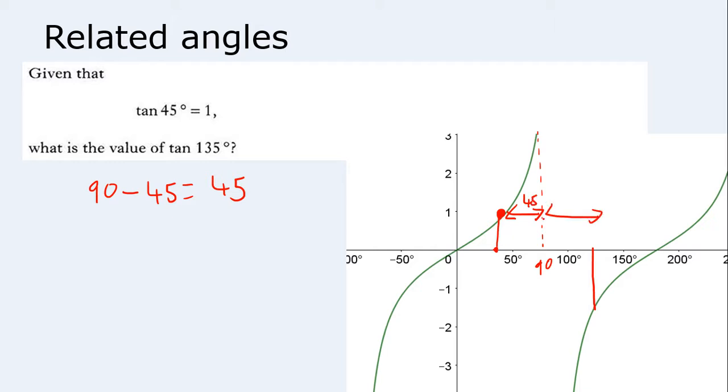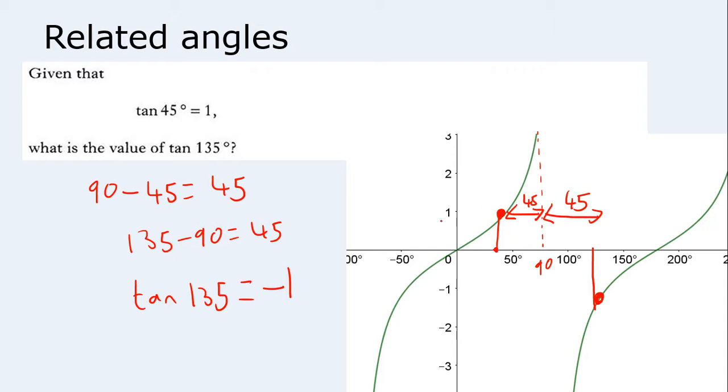And if you work it out, the difference between 135 and 90 is also 45. So what this means is this is a reflection. And so this value here is going to be a reflection of this. So tan 135, that absolute value is also 1, because that's 1. This is going to be 1. But as you can clearly see, it's going to be a negative. So it's -1.